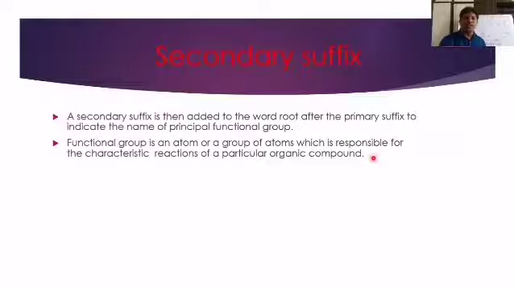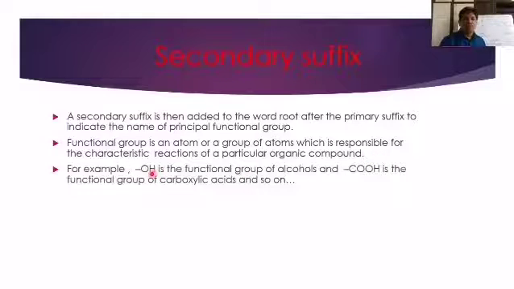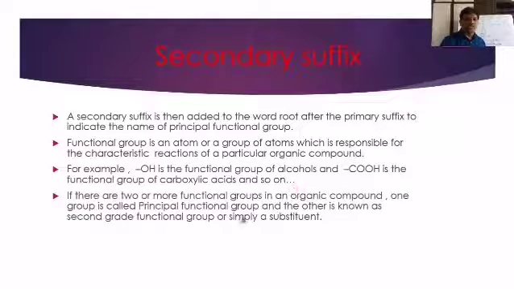So the functional group may sometimes be a single atom or a group of atoms. For example, OH is the functional group of alcohols and COOH is the functional group of carboxylic acids, and so on. There are different types of functional groups that we are going to discuss.